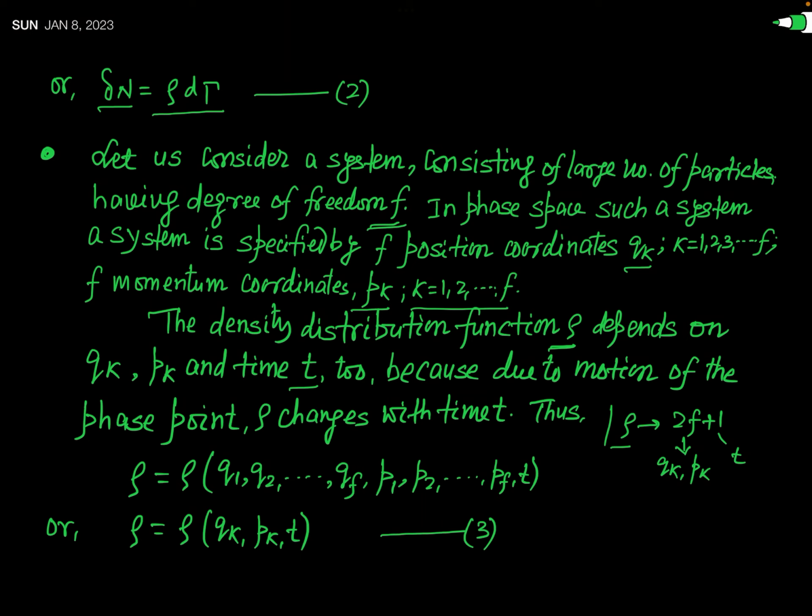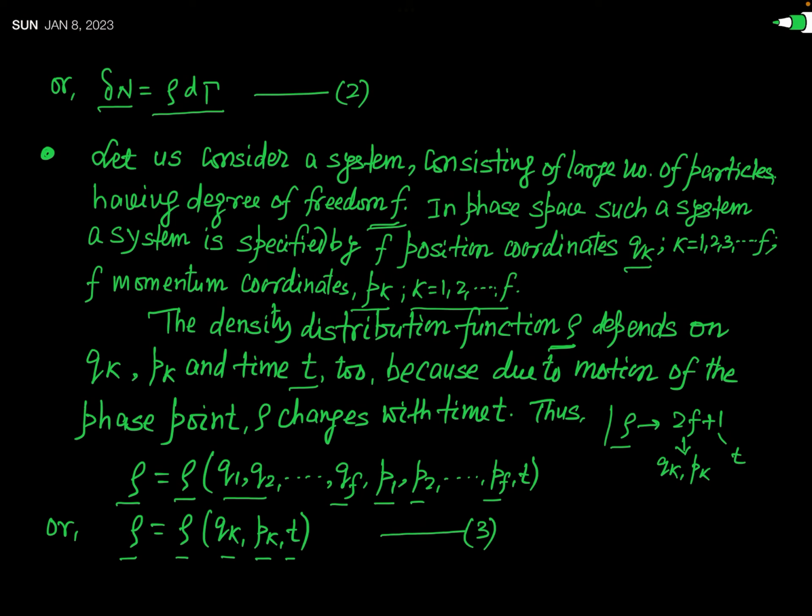So in general you can write that rho is equal to rho of q1, q2, so on qf, p1, p2, so on pf and t. And in brief you can write this expression as rho is equal to rho of qk, pk and t, where k runs from 1 to f.